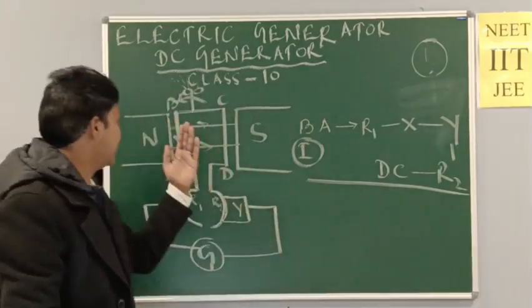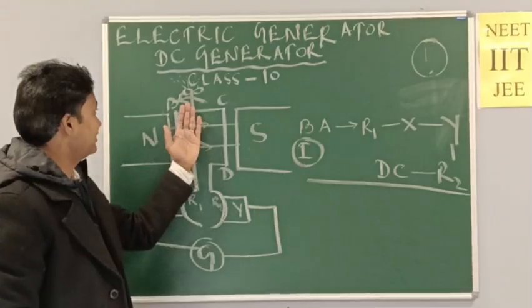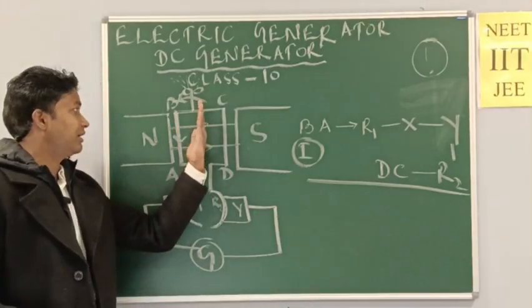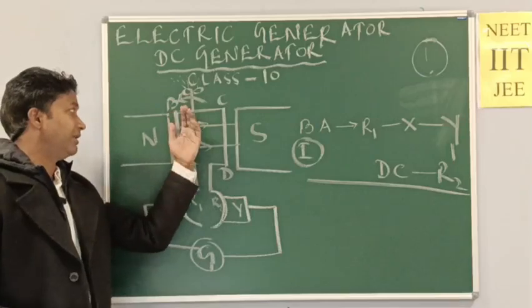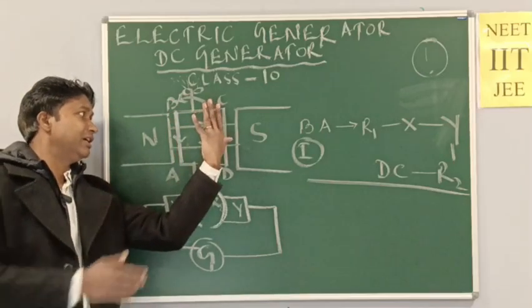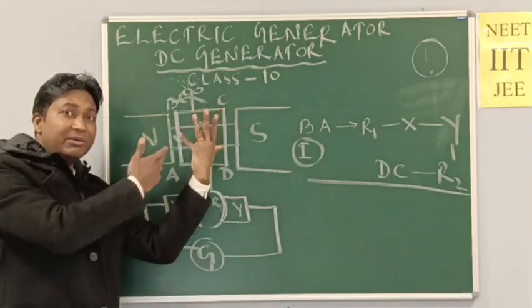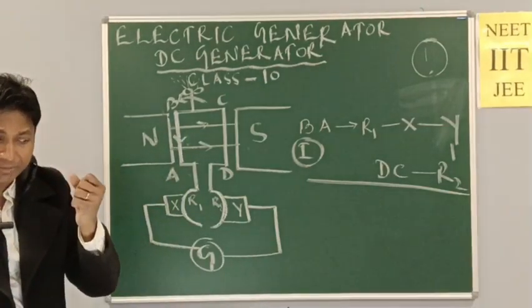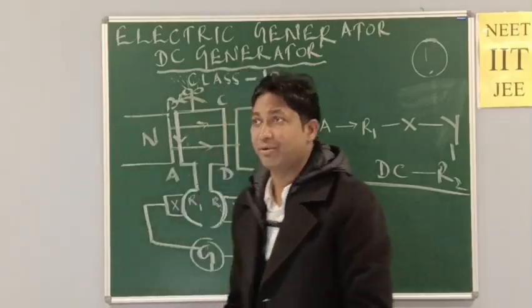Then what happened? See here, AB rotates anti-clockwise. AB goes to the place of CD and CD comes in the place of AB. Again we should apply Fleming's right hand rule. One time more.